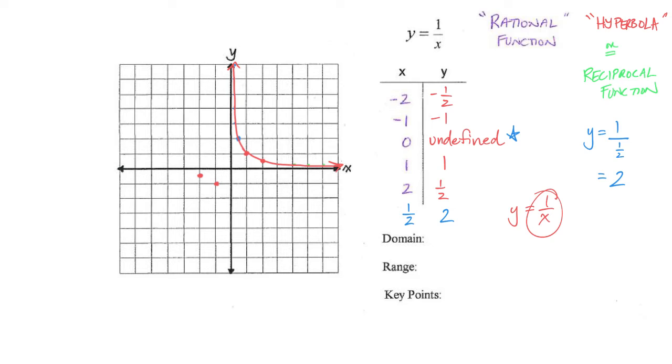The only way I can divide and get a 0 is if I started with 0. That is, I have to have 0 divided by some number. And I just want us to notice the top of my fraction will never equal 0 because there's no variable up there. It's always just 1.